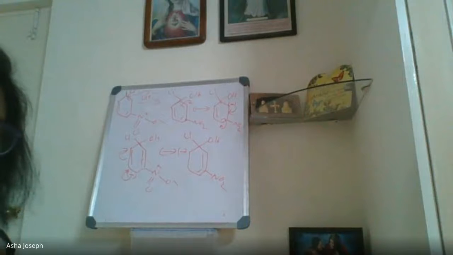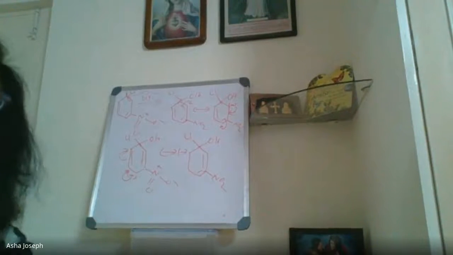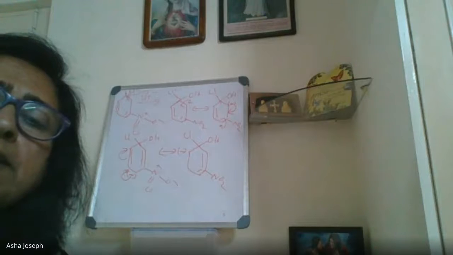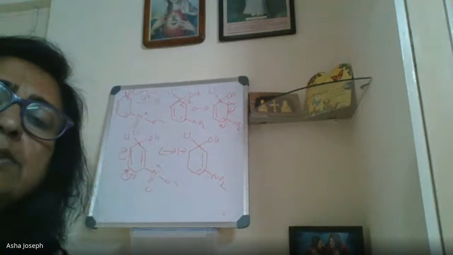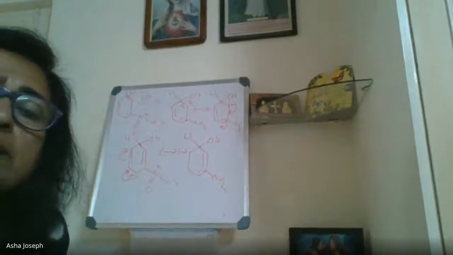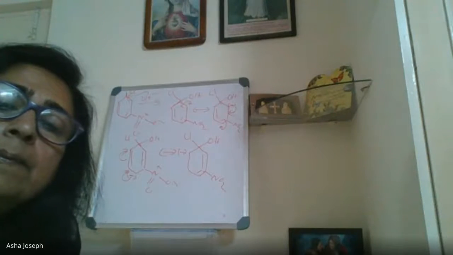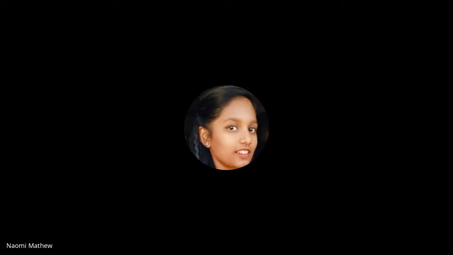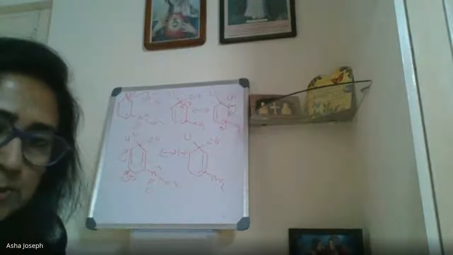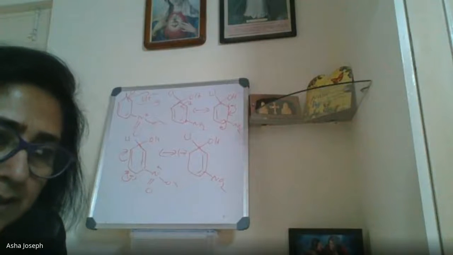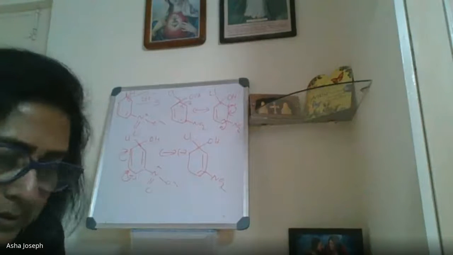Okay, so at meta, if you want to see the board, these are the resonance structures. Structures are given in the book. Naomi, look at the board. You see the resonance structures? You see the negative charges are at ortho and para position only.